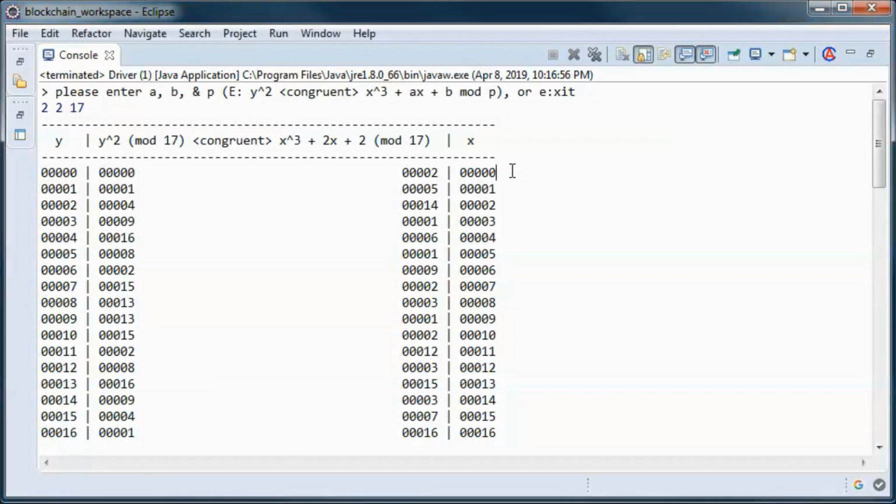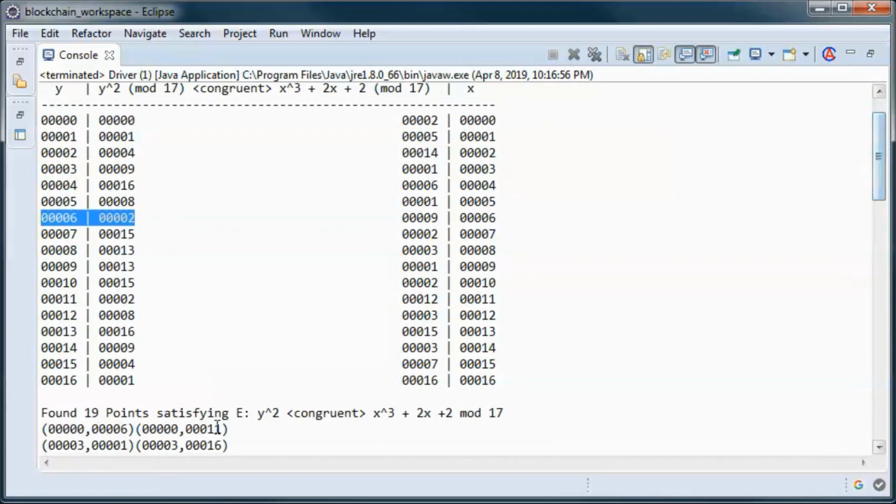So for x equal to 0, we end up with this result, and we have this result here and here. So we end up with those 2 points satisfying the equation.